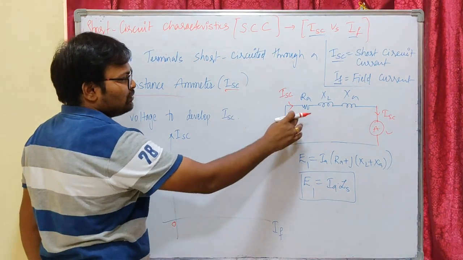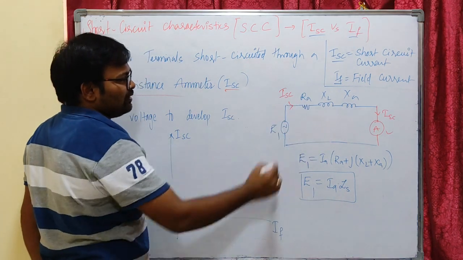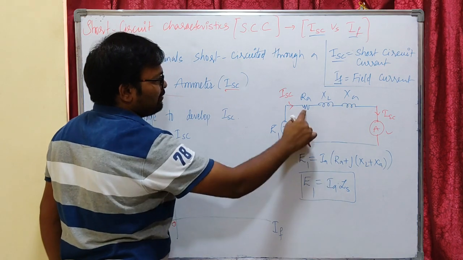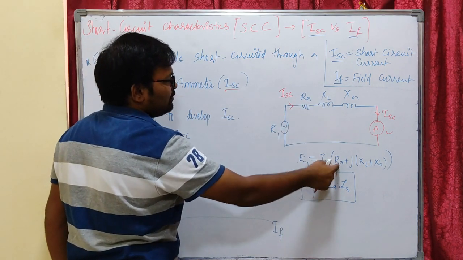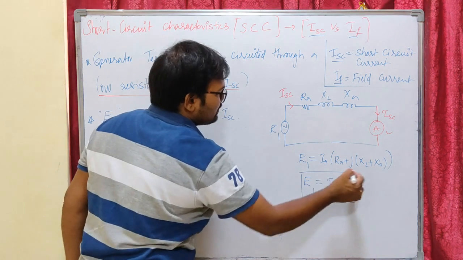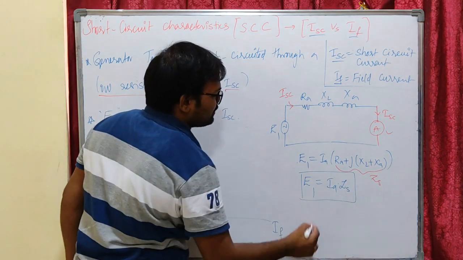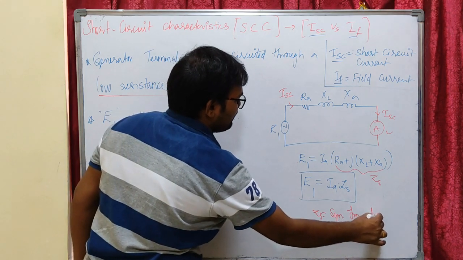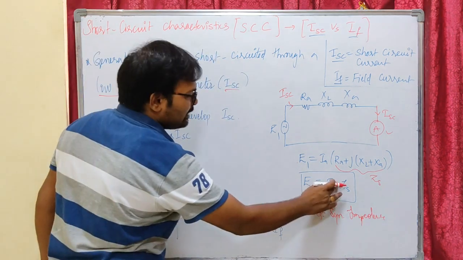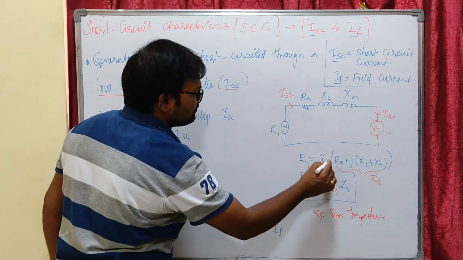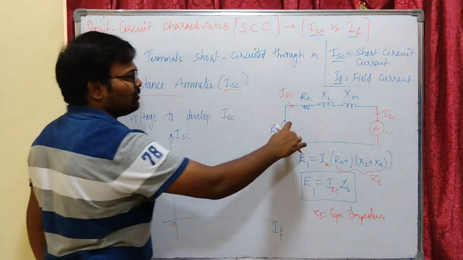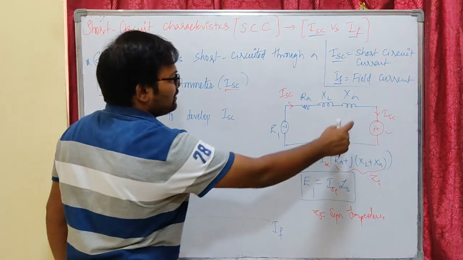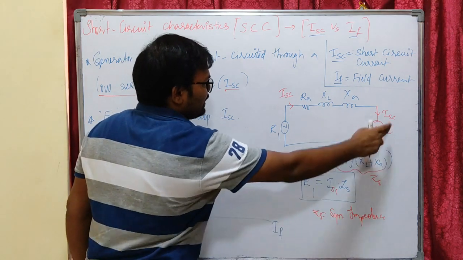E1 is the voltage to drive Isc through the circuit, to supply this voltage drop, that means E1 equals Isc into (Ra plus j(XL plus Xa)). This complete term I can consider as synchronous impedance Zs, you already know that. Here Ia is nothing but Isc. Short circuit current flows through the armature resistance, leakage reactance and armature reaction fictitious reactance. This is supplied by our E1.